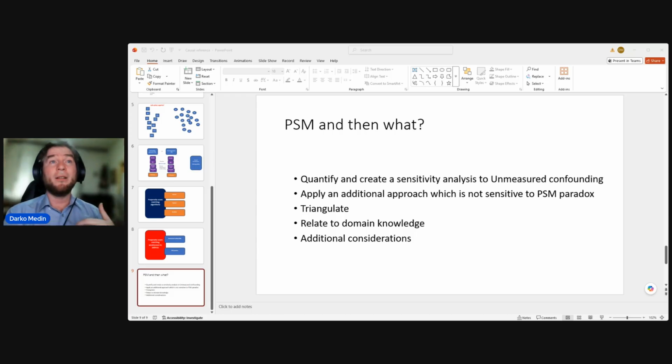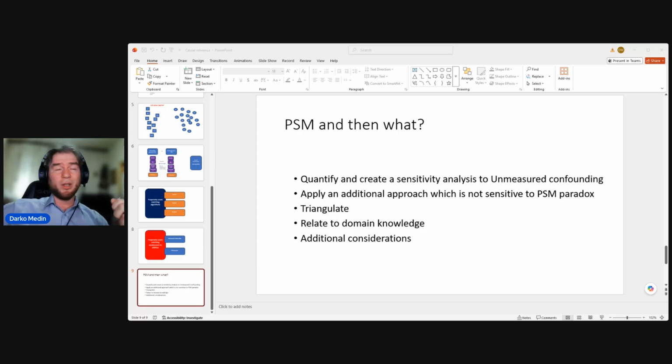In that sensitivity analysis, we will, very importantly, quantify the unmeasured confounding and check if it is actually distorting the results in a way that could change our interpretation. So we need to see if our interpretation is correct. Then another very important aspect, which I haven't discussed so far: whatever PSM analysis gives us as a result, we have to triangulate.